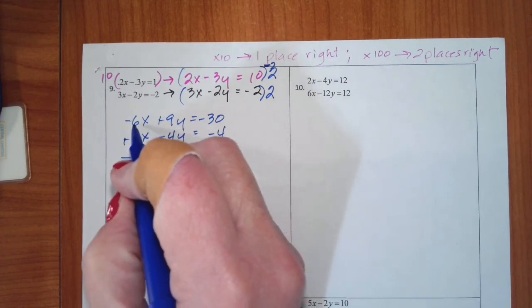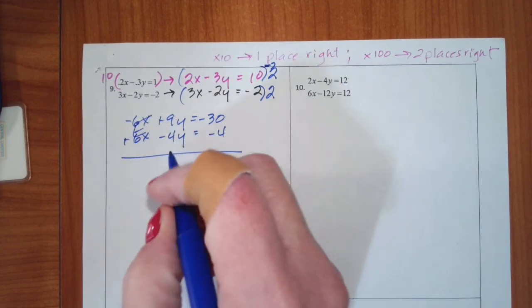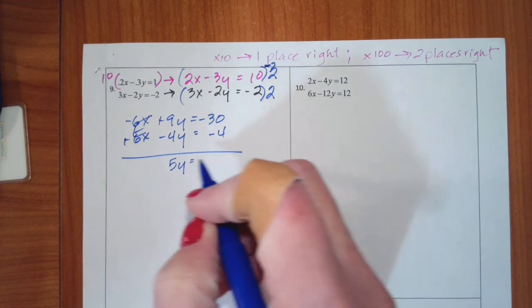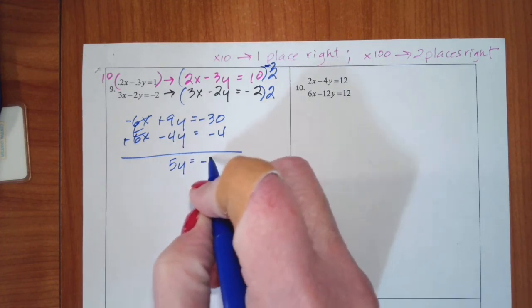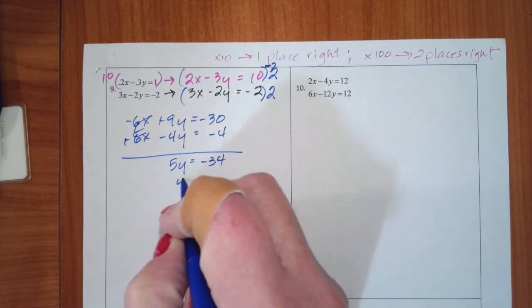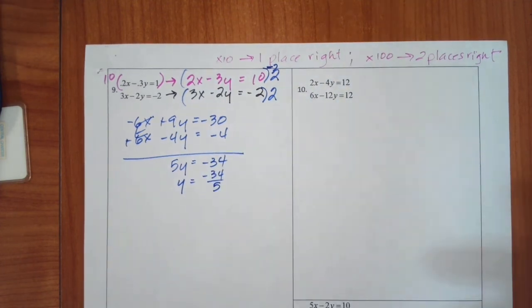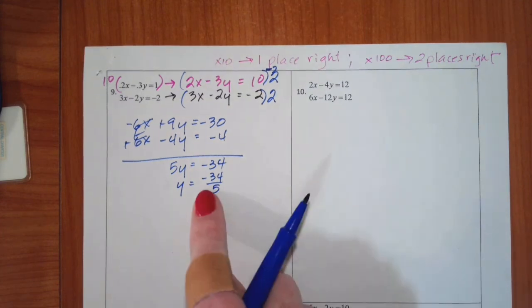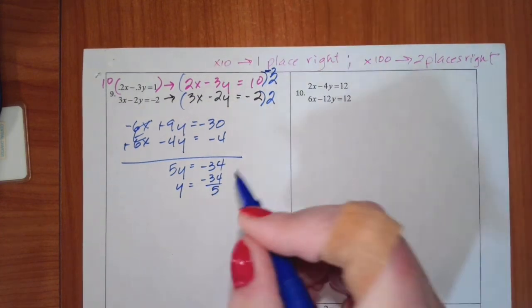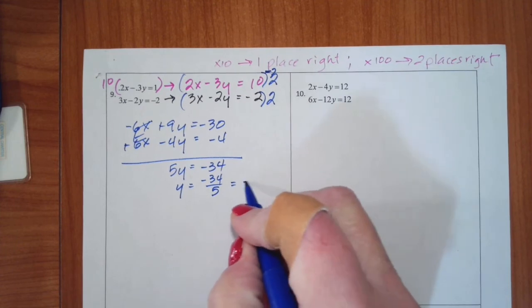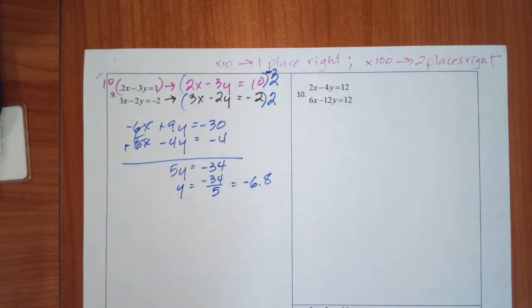If I add these together, the x is eliminated, and I'm left with 5y is equal to negative 34. So y is negative 34 over 5. Not surprising when you've got decimals in your original problem. Since it's divisible by 5, it's easy to convert to a decimal, so this is negative 6.8.